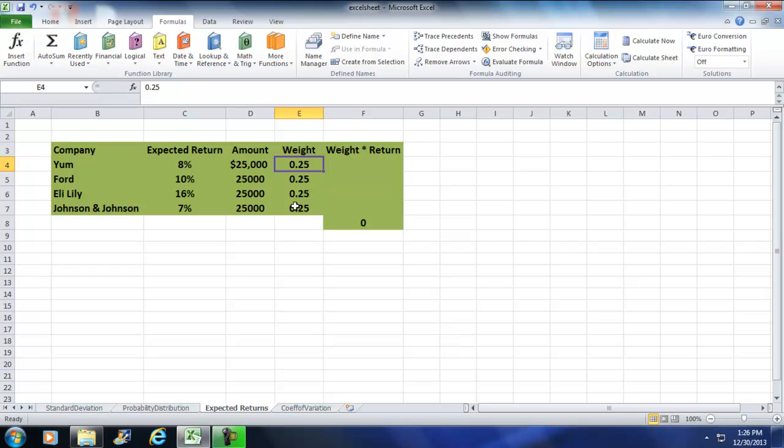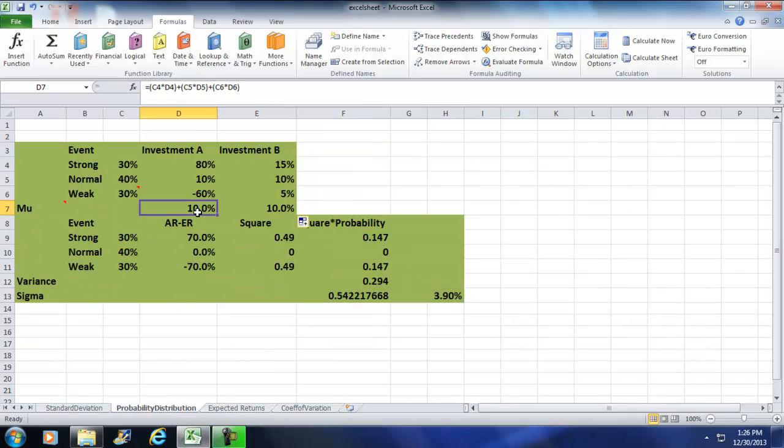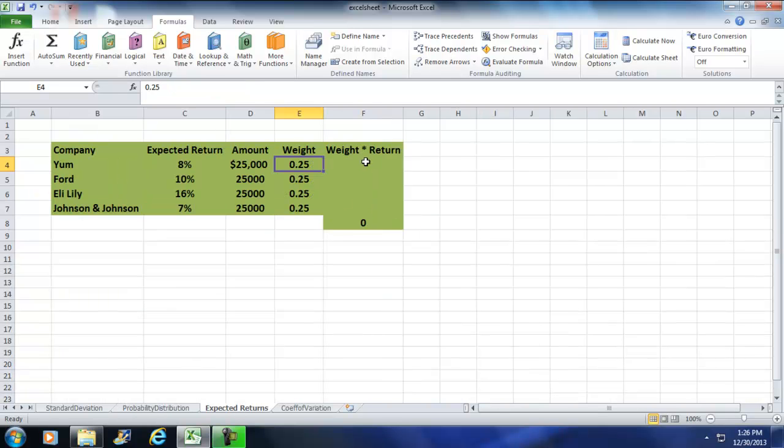So in order to determine the expected return, very similar to what we did with the probability distribution, I'm going to multiply the weight, which is the 25%, so it's this one here, by the return here, hit enter, and now I have to sum them all up, and now I get the expected return of about 10.25%. And that's how we do expected returns within a portfolio.